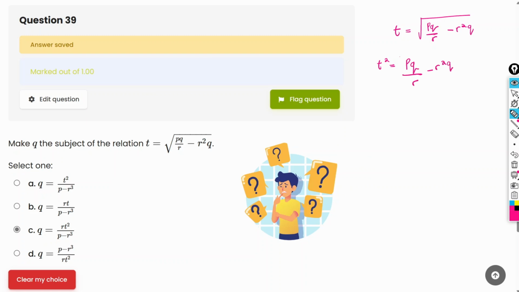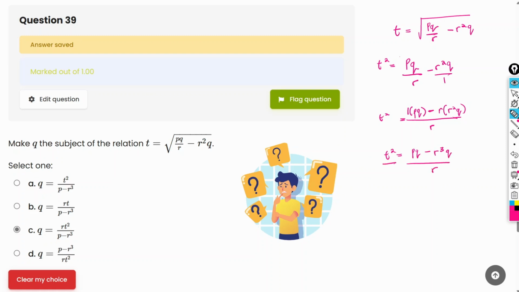Next we should rewrite this right hand side as a single fraction. The LCM of r and 1 is r. So r in r is 1, so we'll have 1 times pq, then minus 1 in r is r, so minus r times r squared q, all over r. Just basic fraction stuff, and all of that is equal to t squared. So simplifying, t squared becomes equal to pq minus r cubed q over r.